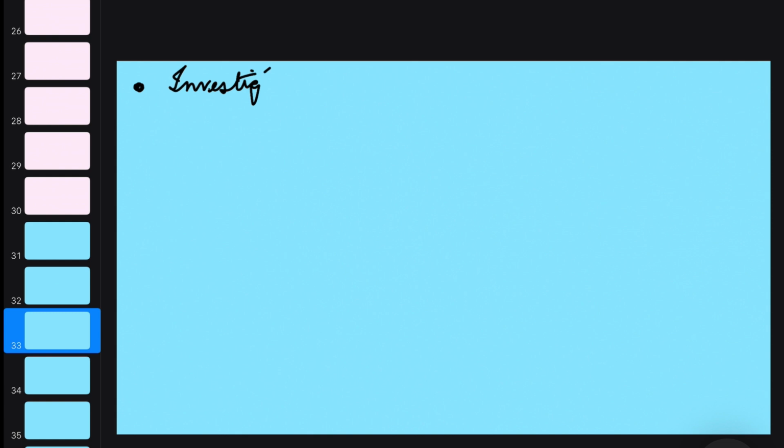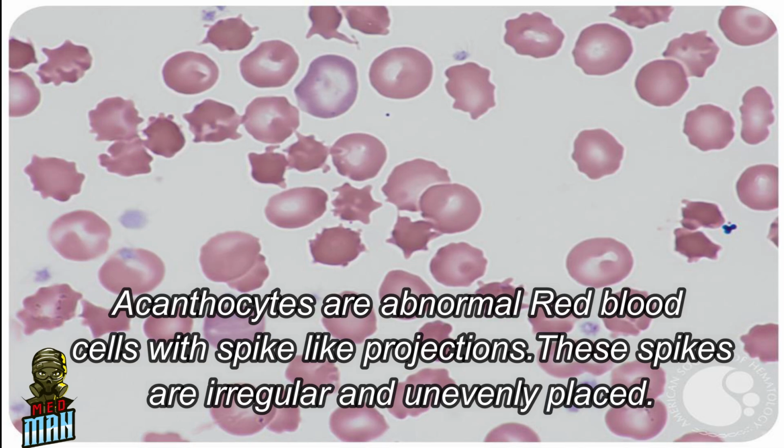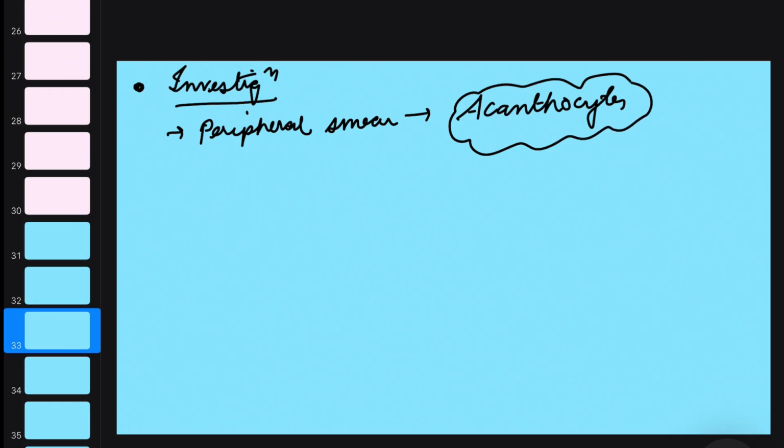In the peripheral smear of blood, obviously, we will find something called acanthocytes, special type of cells called acanthocytes. This is basically why it is called neuroacanthocytosis. Done. Now, is this diagnostic?